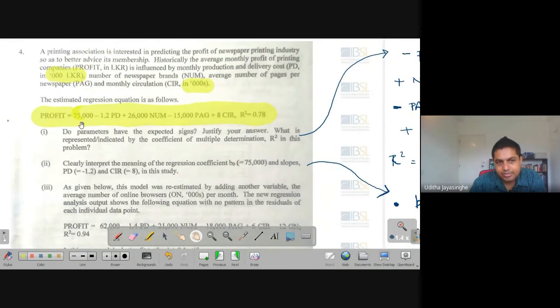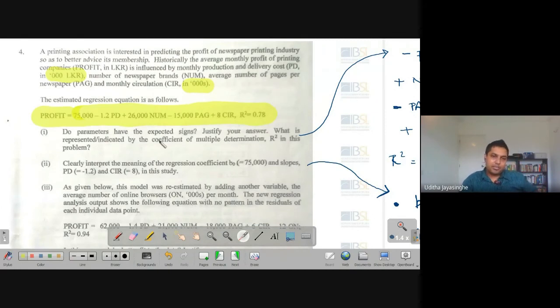Profit is equal to 75,000 minus 1.2 PD, where PD is the delivery and production cost, plus 26,000 NUM, number of newspaper brands, minus 1,500 PAG, average number of pages, plus 8 CIR, that's the circulation. The R square is given as 0.78.